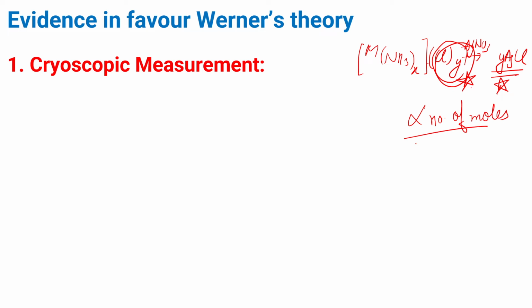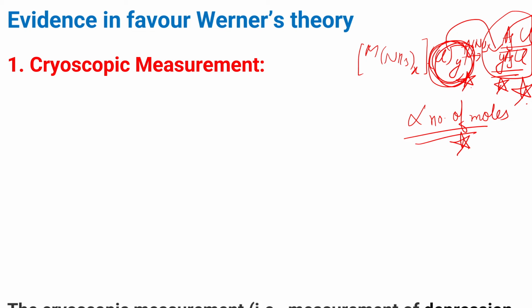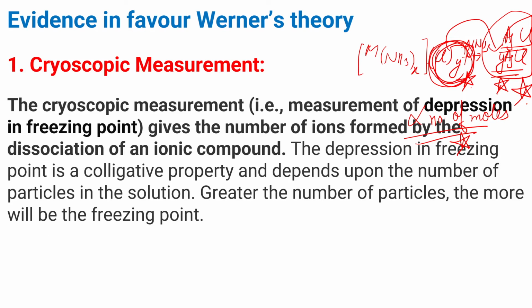So depending upon how many moles of chloride ion were converted to silver chloride, counting the amount of silver chloride precipitate, he concluded the composition of the metal complexes. The cryoscopic measurements give the number of ions formed by the dissociation of an ionic compound.